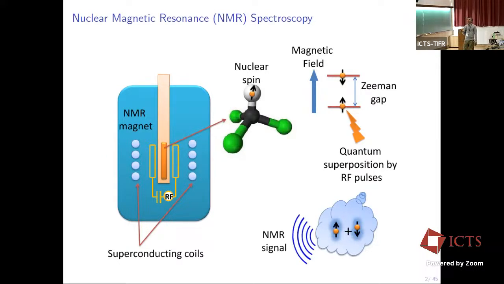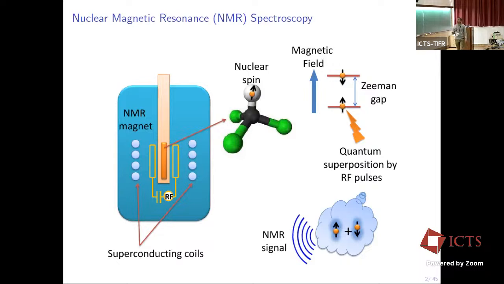If the magnetic field is applied, that's the 10 to 20 Tesla magnetic field, then we have the Zeeman energy gap. There is a Zeeman interaction between the nuclear spin and the magnetic field. And so we have an energy gap of about 10 to 20 micro electron volt. That happens to be in the radio wave range, so we have a hundreds of megahertz energy gap.